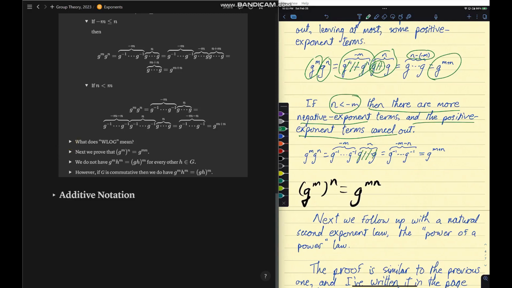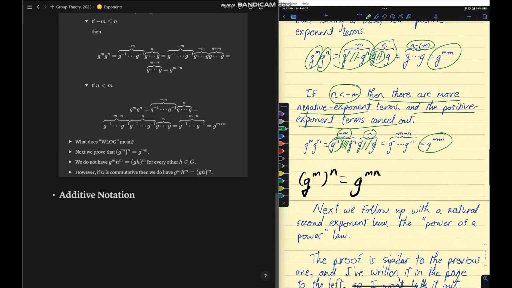So for all of these g, they each cancel with some g inverses. The g inverses that are left over are the negative m instances of g inverse from the original minus all the ones that canceled, which is minus n. And then that, by very similar logic to before, turns into negative m minus n, which is the same thing as m plus n. So that concludes my proof.